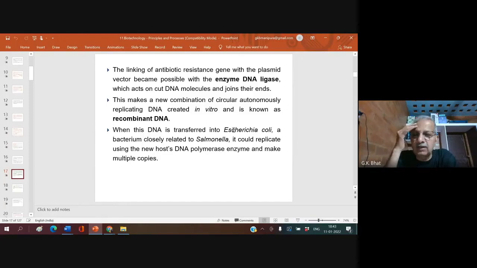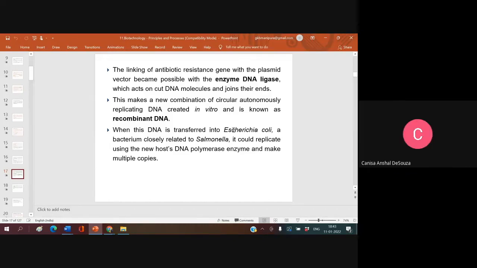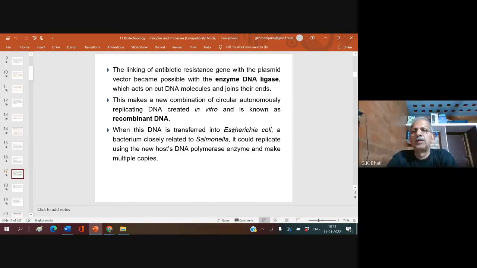From where have we taken the alien DNA? From Salmonella typhimurium. And we have added it to which particular organism? Which is the host one? E. coli. And what have we transferred from Salmonella to E. coli? What is the vector?